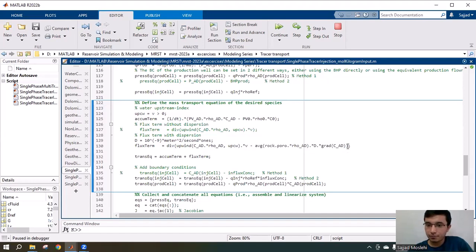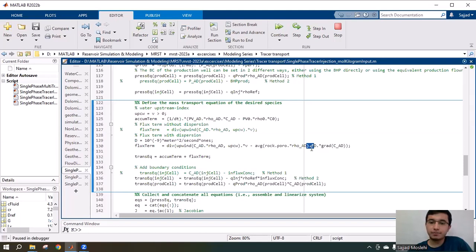All right. And so the flux term consists of two different terms. The advection term, which is this, and the diffusion term, or diffusion dispersion term.